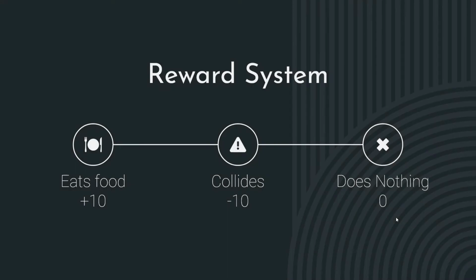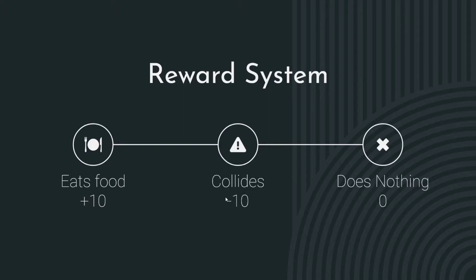Alright, so now let's get into the reward system. This is how we're rewarding our snake depending on its actions. So let's say it eats the food. We want to reward it because that's something that's good. You want the snake to eat the food. So we're going to give it plus 10 points, for example. And then if it collides into something, we're going to take away 10 points because that's not something we want it to do.